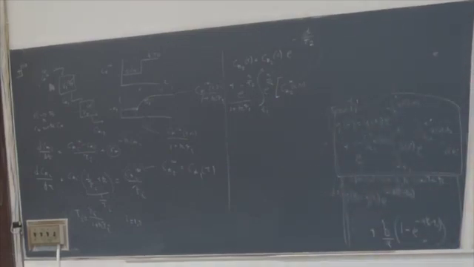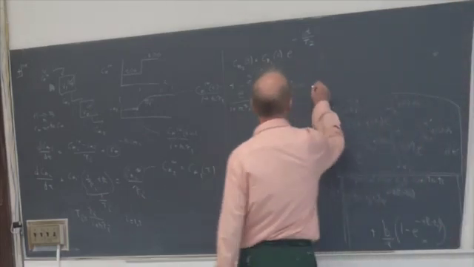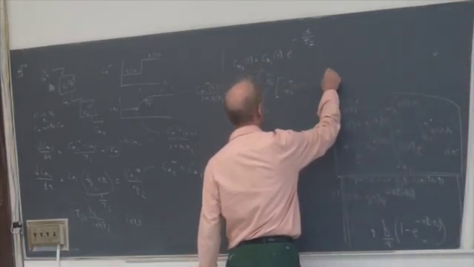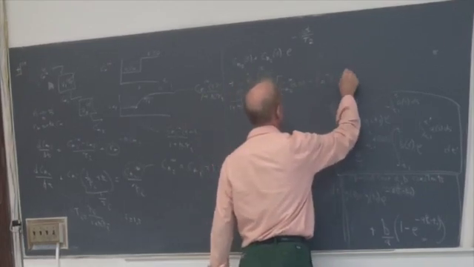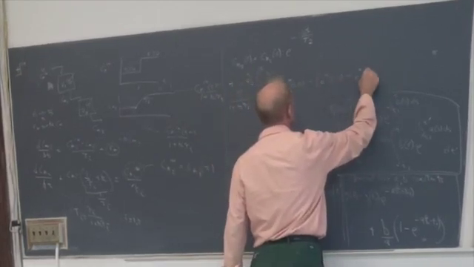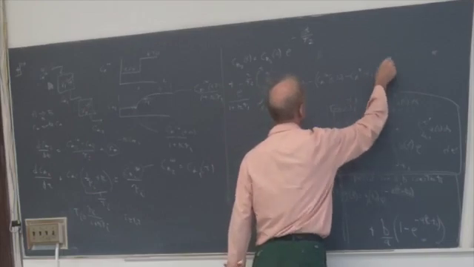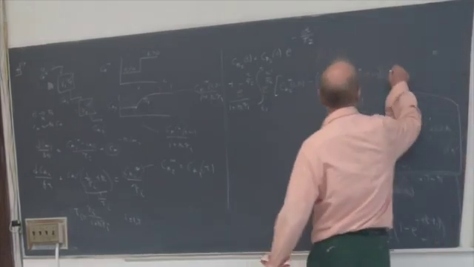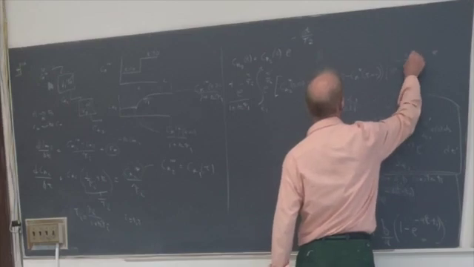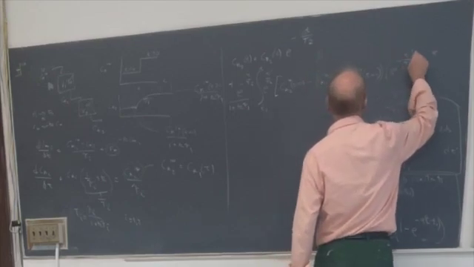Minus CA in of t greater than 0 minus CA in of t less than 0 times, did I get that right? Greater than 0, less than 0? Yeah. Times e to the minus t prime over tau 1.